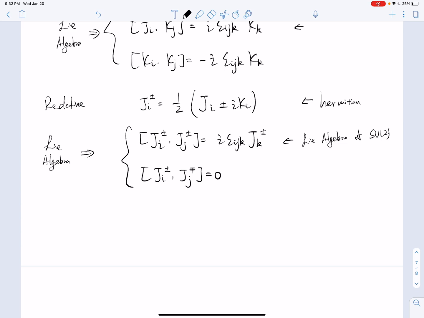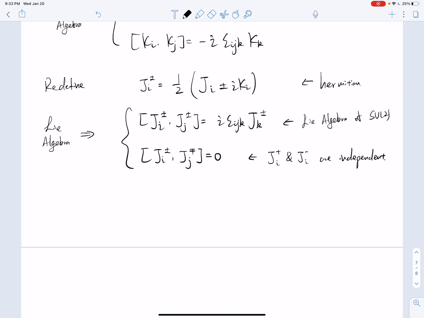And the second equation tells us that these two sets of Lie algebras, the J plus and J minus, are independent of each other, which means that they commute with each other. They're not talking to each other. They commute, they're independent, which is great.